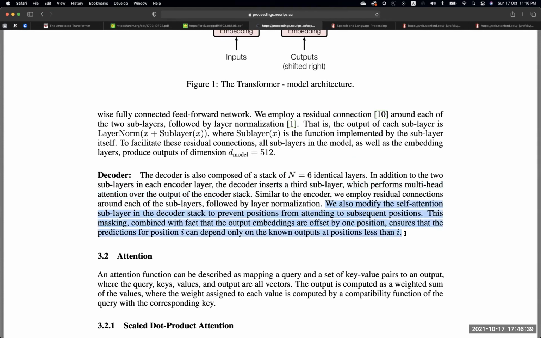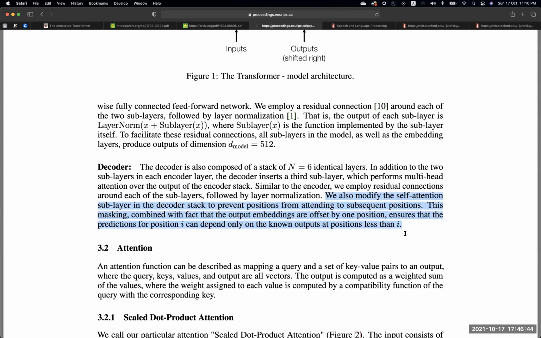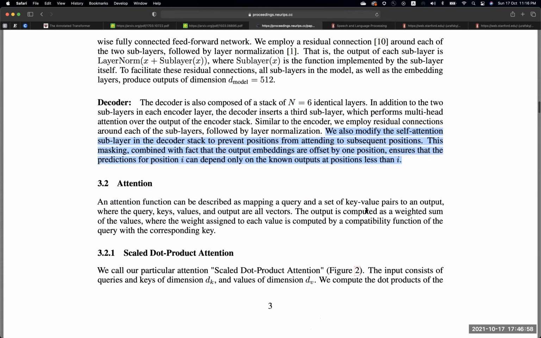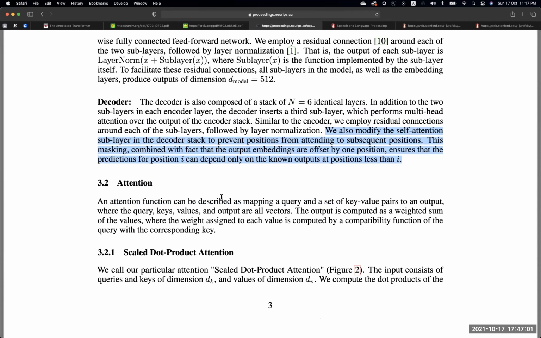Here is some important text: this is the same masking, to prevent positions from attending to subsequent positions, and offsetting, so that prediction can only depend on the known outputs, like we were discussing. So this is all about the encoder-decoder architecture.